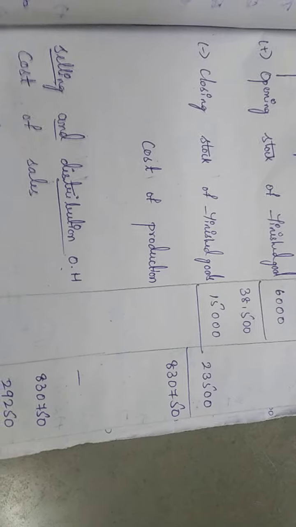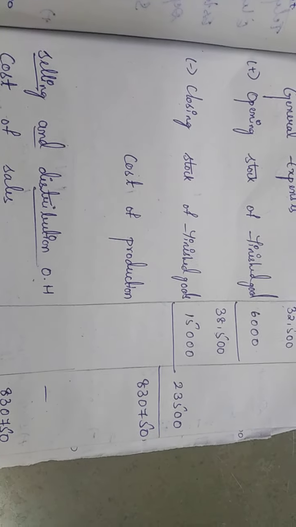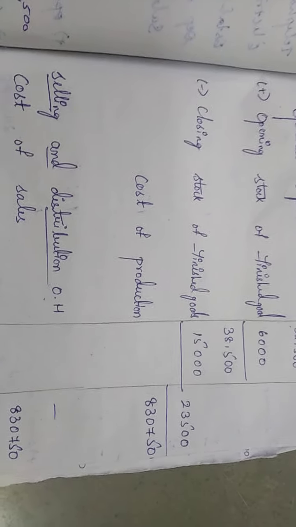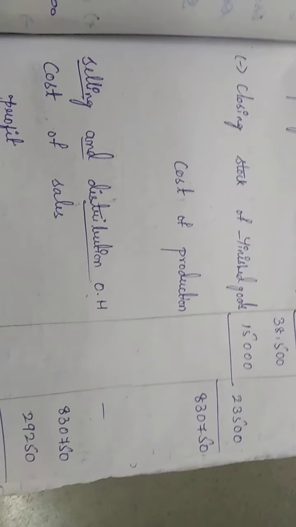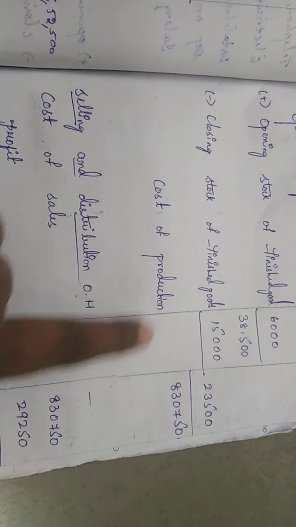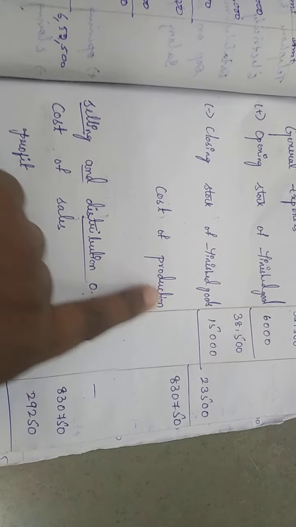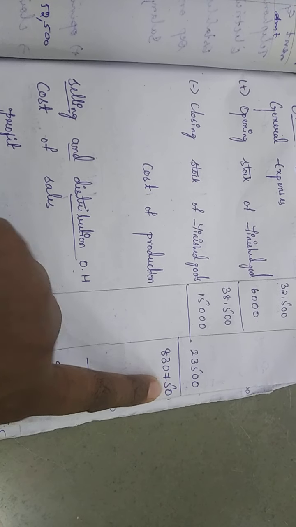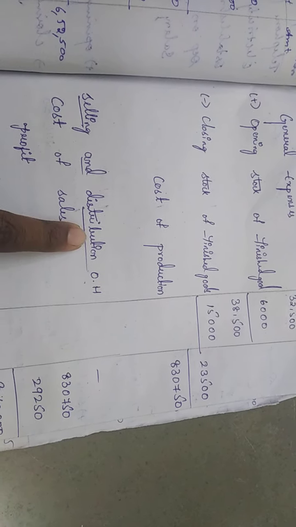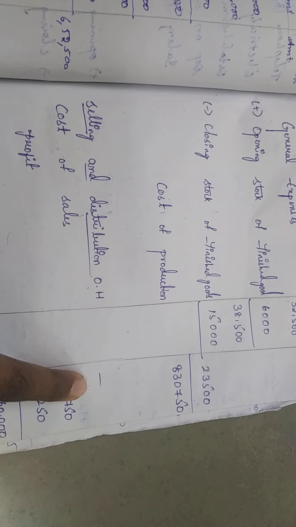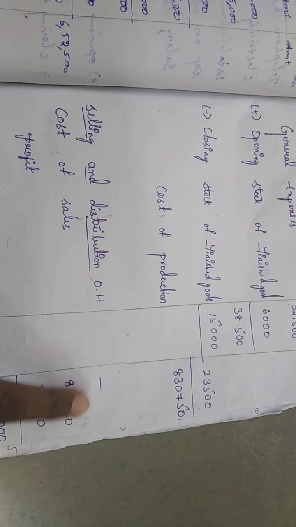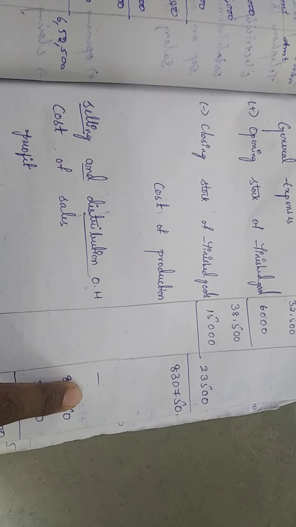Then finally cost of production is how much? 8,30,750. Next, what we have to do? We have to add the selling and distribution overhead. Selling and distribution overhead expenses we don't have anything, so that's why it is nil.